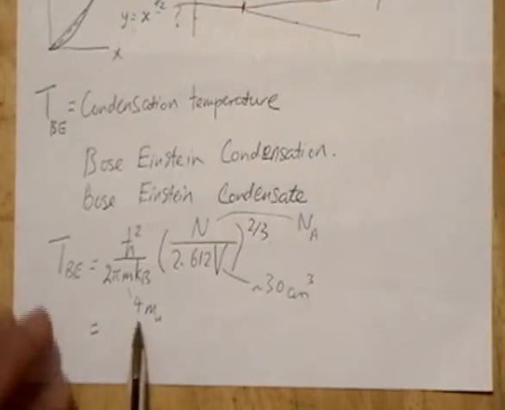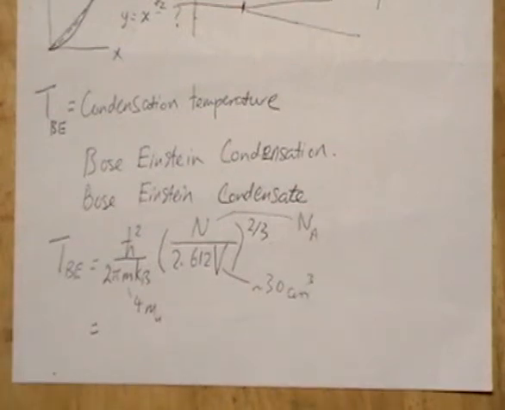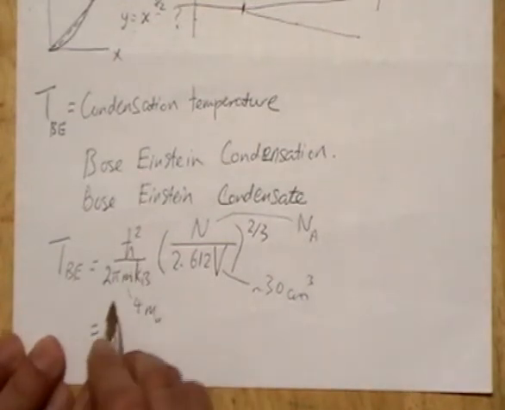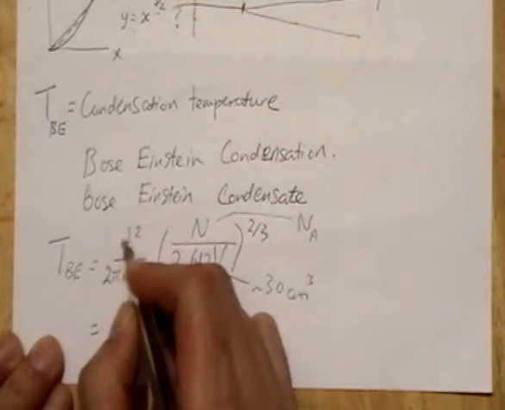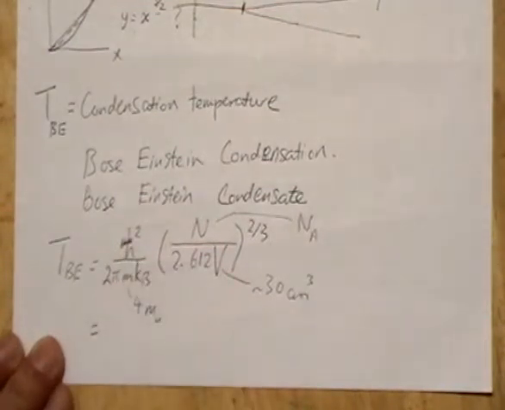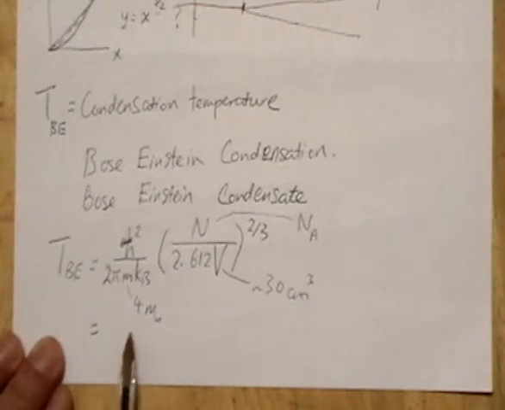So using these numbers, we can now calculate. Before that, I think this might not be an h bar. This might just be h. We have to check that. So let's take that as h squared for now.